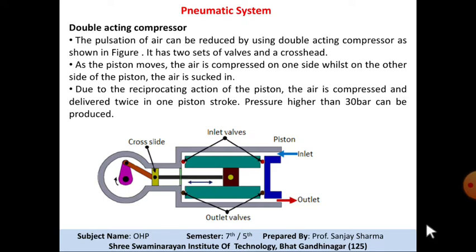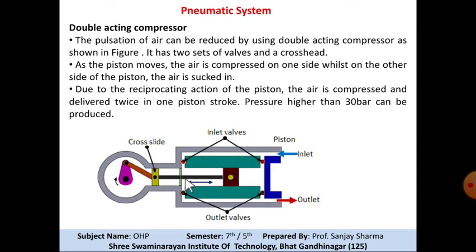Once again I will try to repeat that this construction is similar to that of the single acting, but here the valve arrangement which you are seeing is somewhat different. So during every stroke there will be a suction and during every stroke there will be a delivery. Let us start from the beginning.